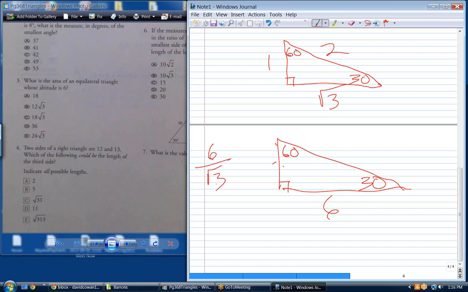In the other one, we did 3 divided by 1. So we're going to take the bigger triangle, divide it by the same side of the smaller triangle, and that's going to be what's called our similarity ratio. That is the ratio that every side has to have to every other side. So what would this hypotenuse be right here?